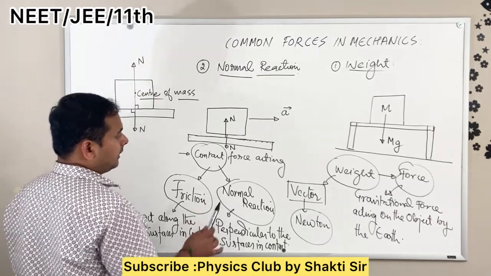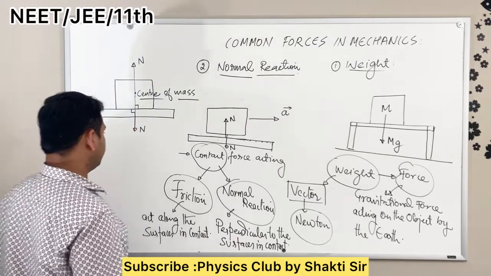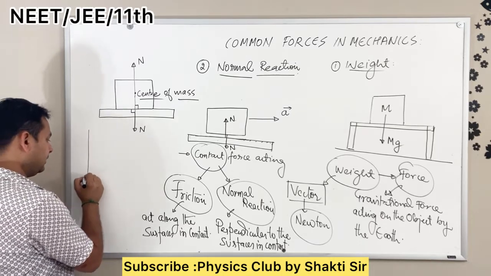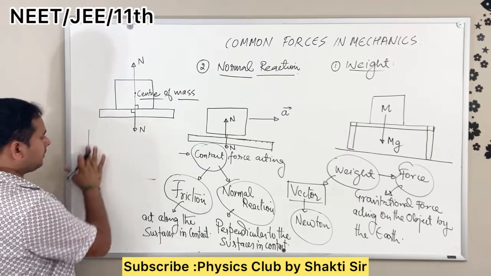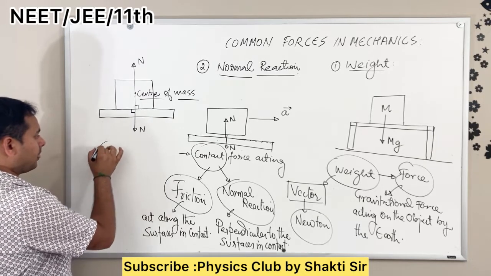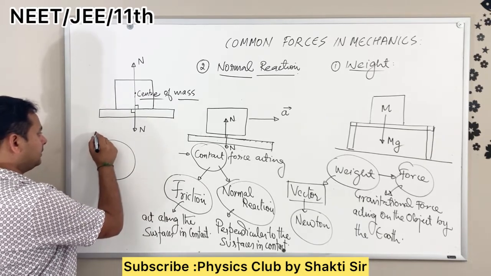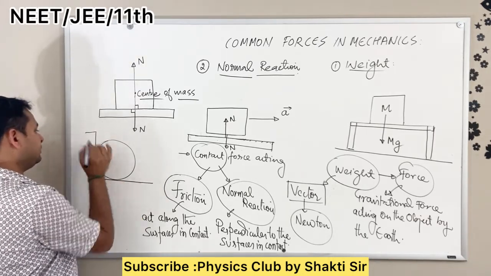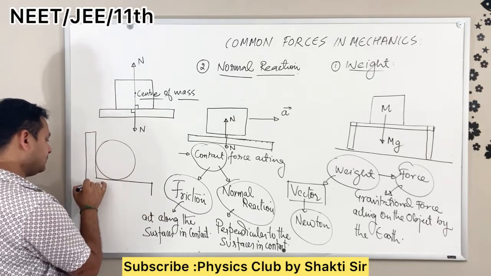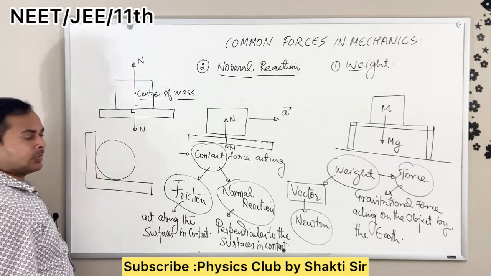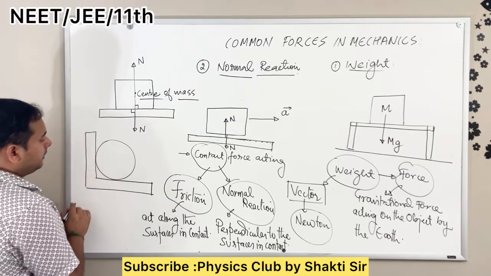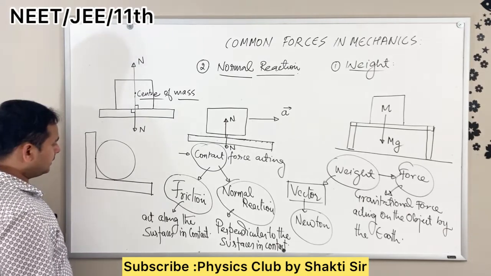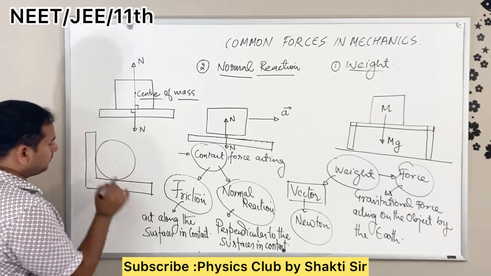So keep in mind, normal reaction always acts perpendicular to the surfaces. We can draw one more diagram regarding this. Let's say we have a ball and there is a contact. Here again the two objects are in contact, and this is the center.